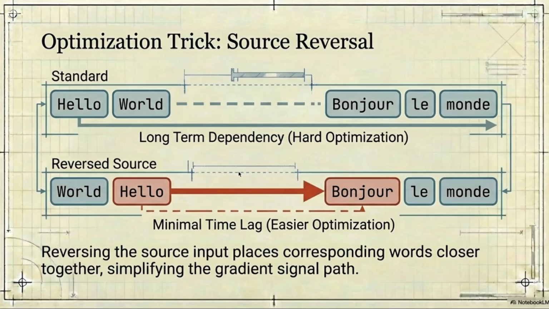By putting hello at the end, it is right next to the bonjour in the time sequence. So we made the first word in the English language as close as possible to the first word in the French language. This reduces the time lag, making it easier for the gradients to flow from the output back to the relevant inputs during optimization.